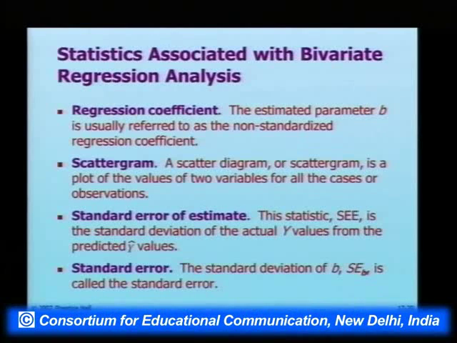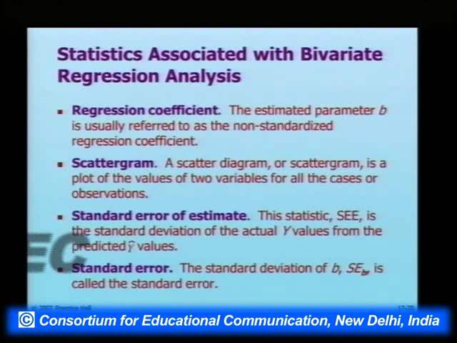Estimated or predicted value: the third objective was also to calculate or predict the value of Y. If we know the values of X, then by using the equation, we can always calculate the value of Y. Regression coefficients are the estimated parameters of beta and are usually denoted by the non-standardized regression coefficient. A scattergram is a plot of the corresponding values of A and B for all the observations.